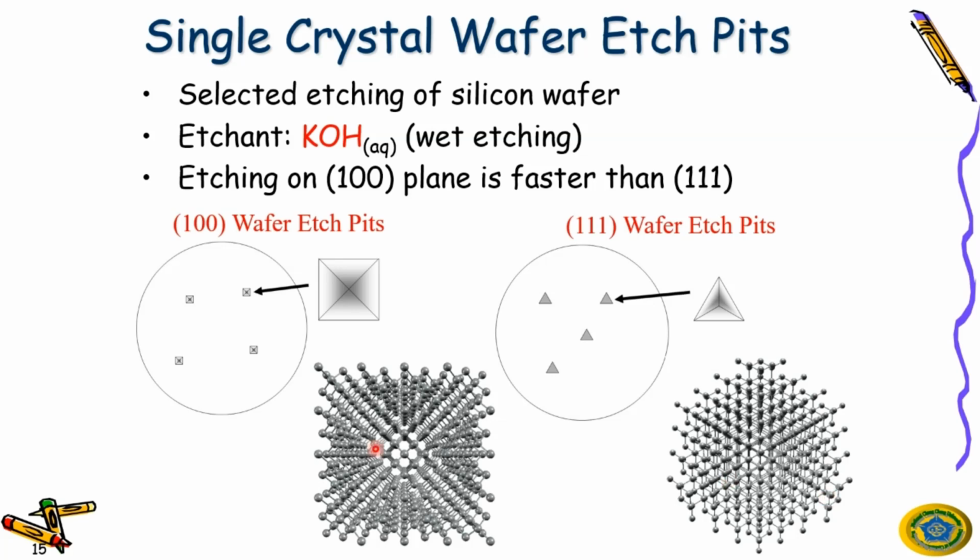So if you don't count the planar density, it seems this one will be faster. Why? Because there are many spaces, so the KOH will go in faster than this one. So the etching rate of the 100 plane will be faster than 111. It depends on the calculation of planar density.